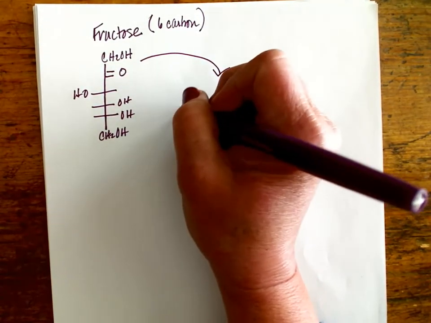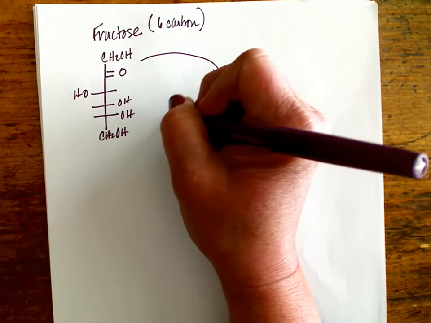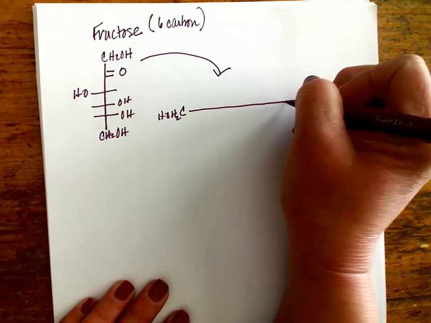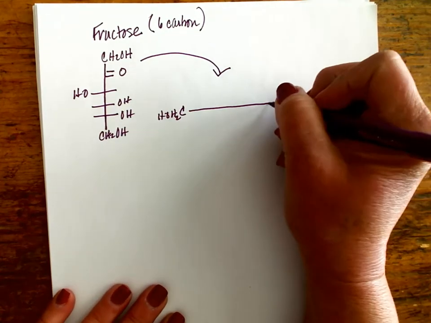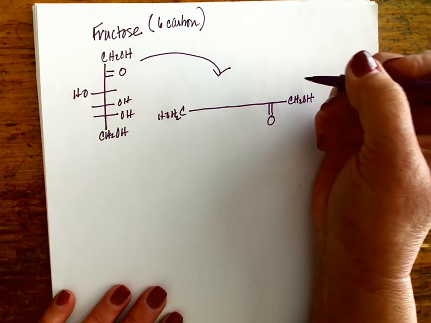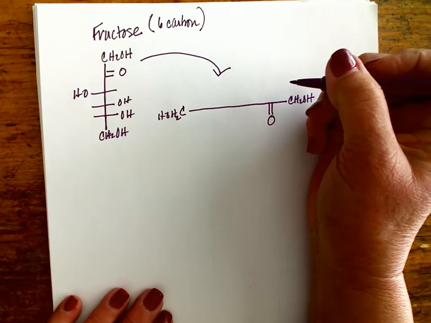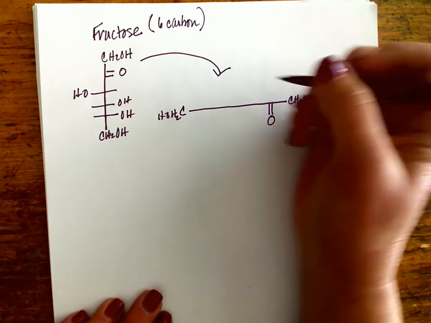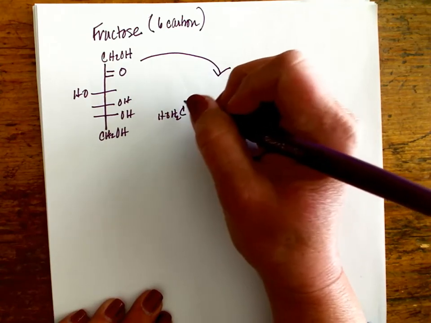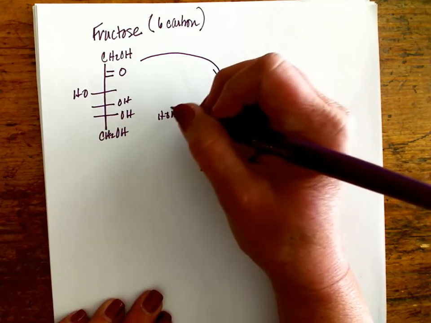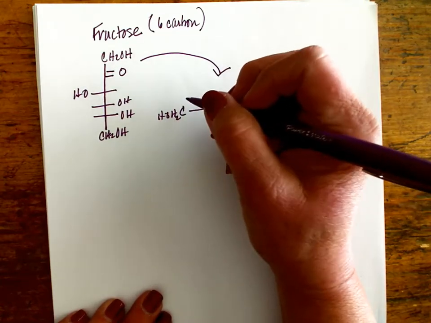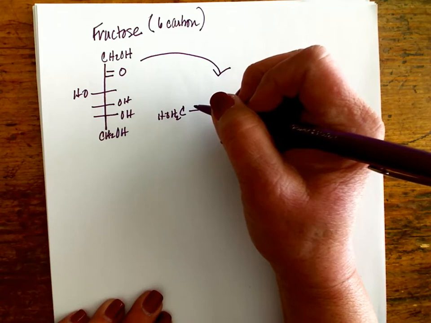Keeping in mind that we're going to have a different interaction, the ring, we're going to have carbon 5.